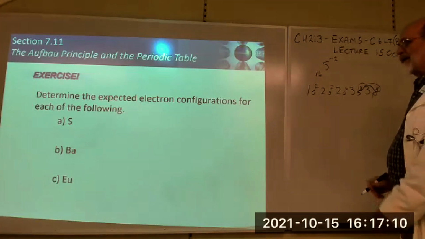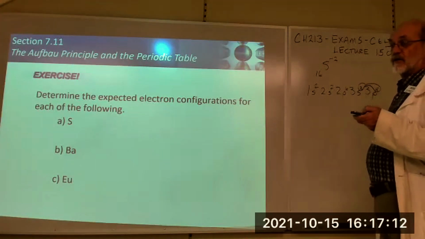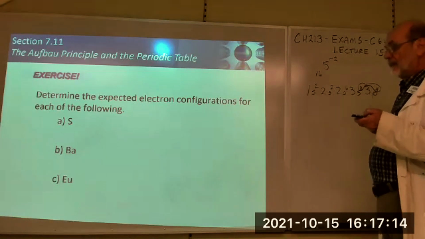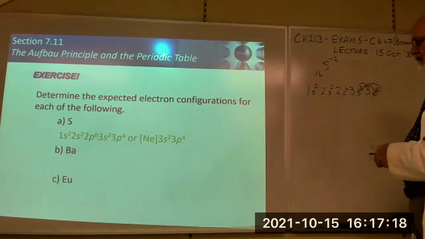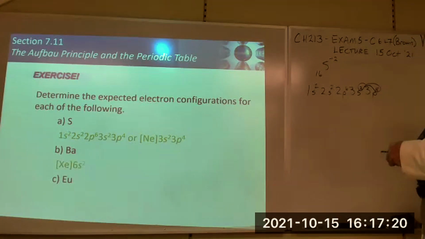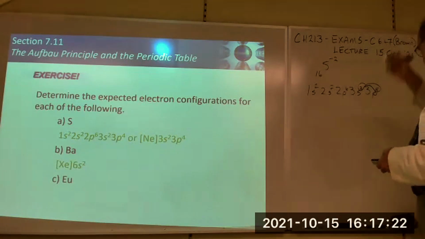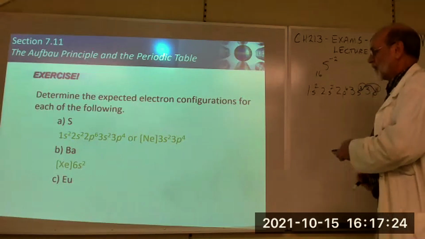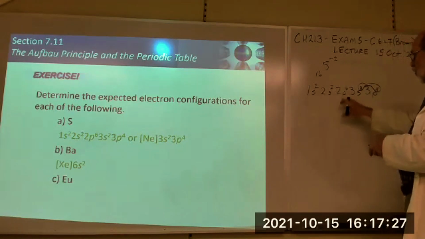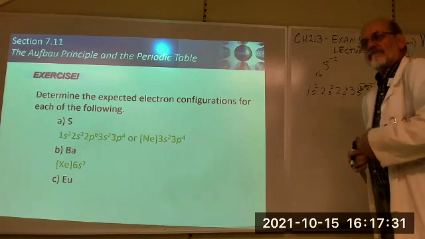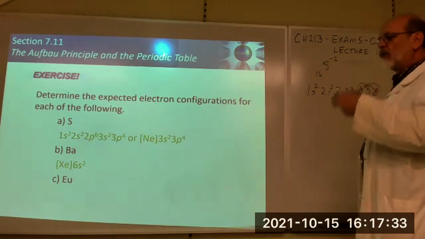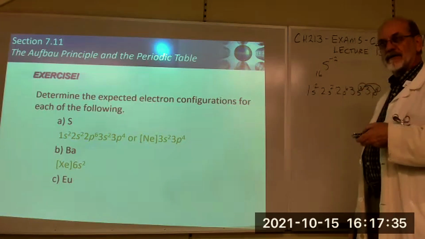Okay, how about barium? Well, barium's a big one. It's way down here. I should have shown you this. An even shorter way of writing this is to think of it in terms of noble gases as a core.